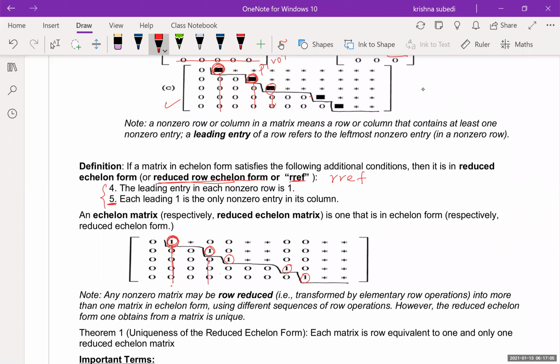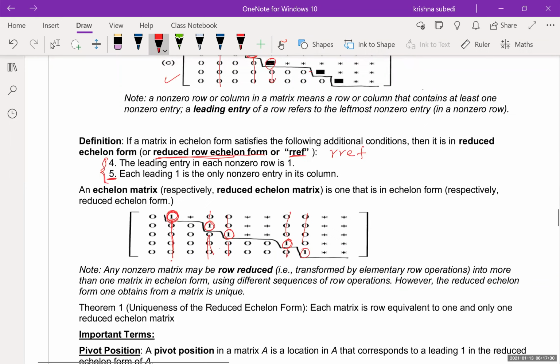But in order for this to be rref, below and above must be 0. If this is a leading entry or pivot, below and above must be 0. If this is a leading entry, below and above must be 0. So that's these two extra properties. If the matrix satisfies these two extra properties, we call it a reduced row echelon form.